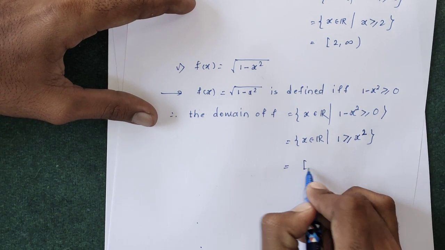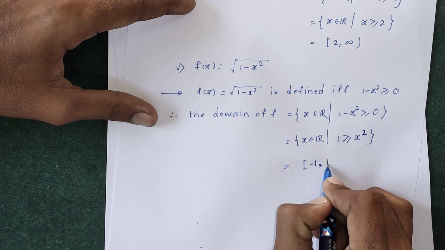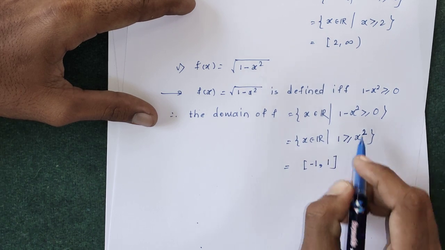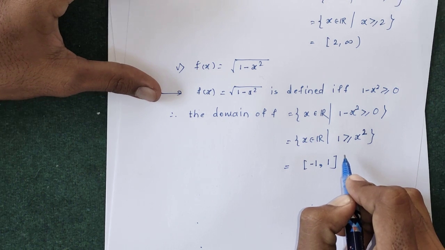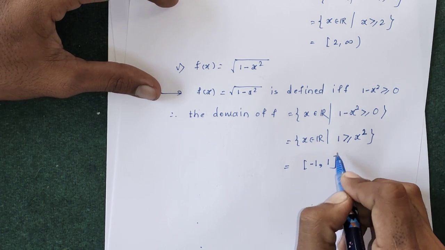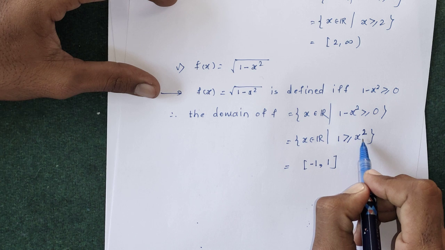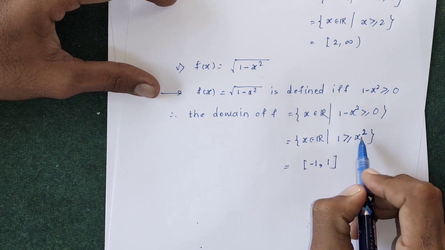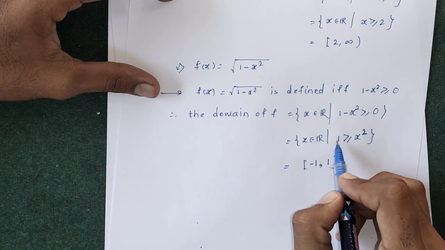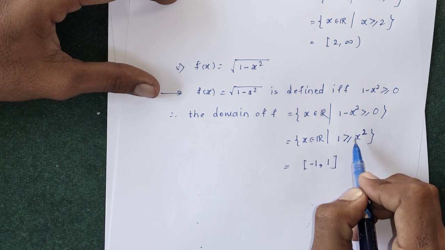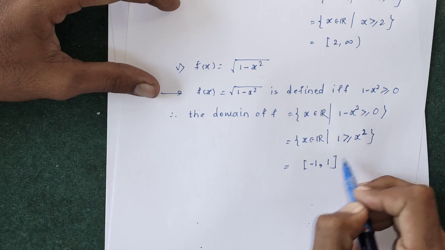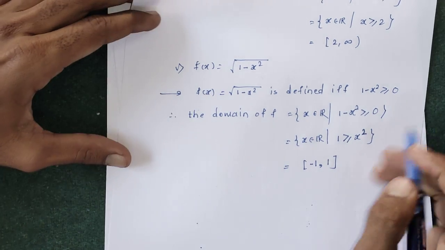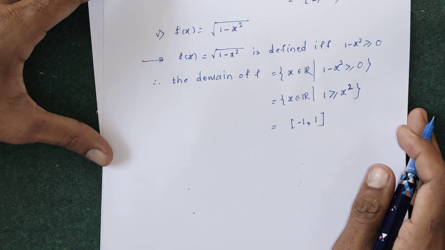So x is in between minus 1 and 1, because there are only two possibilities for x. If x square is equal to 1, then the square root of 1 is either plus 1 or minus 1. So x is in between minus 1 and plus 1. This is the domain of the given function.